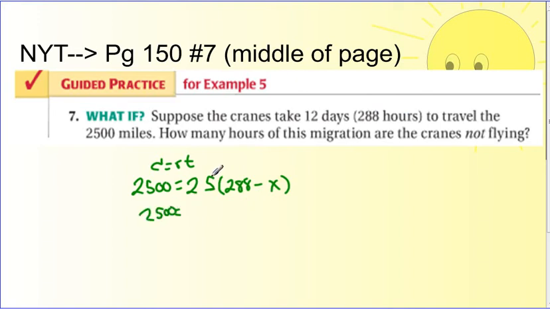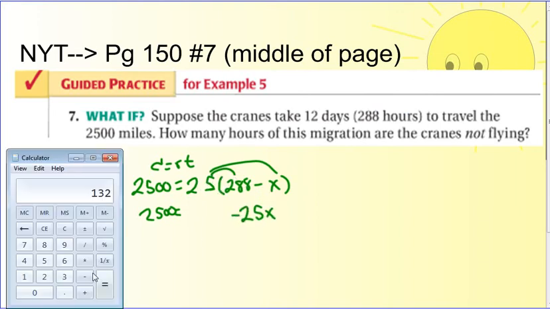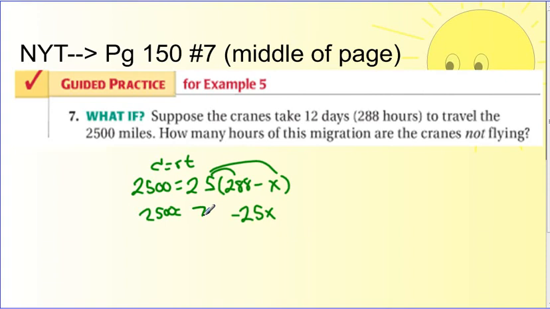We're going to distribute here. That's going to give us 25 minus 25x. And 25 times 288 equals 7,200. Then we subtract our 7,200 from both sides.